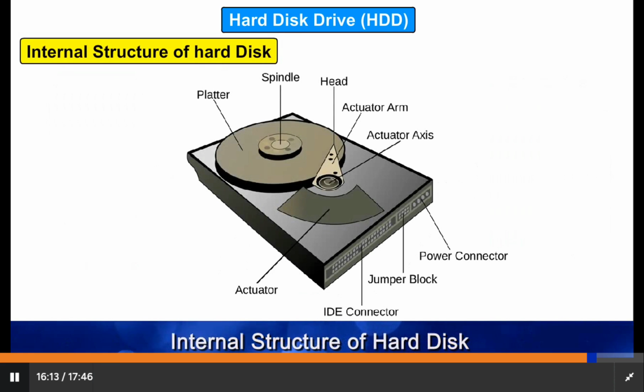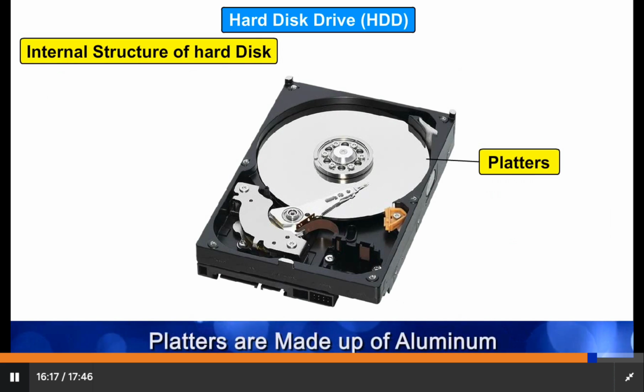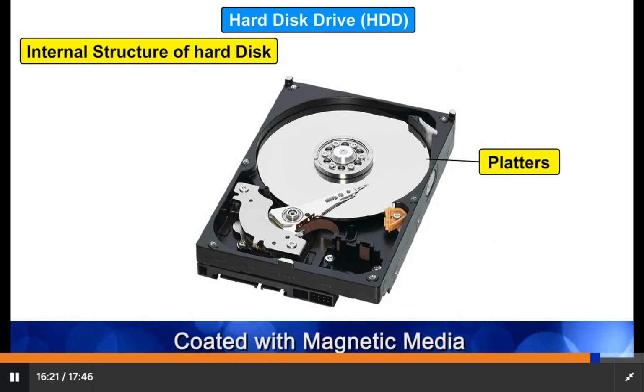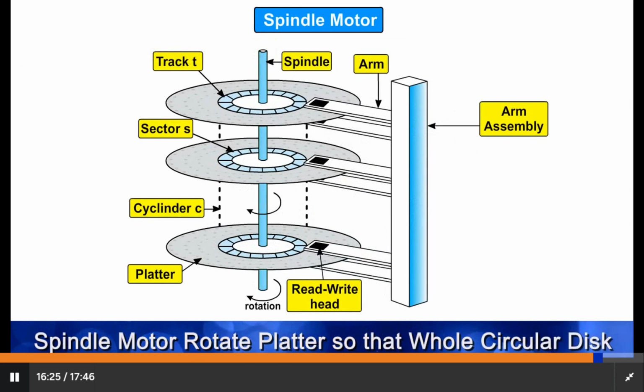Internal structure of hard disk. Platters. Platters are made up of aluminium and coated with magnetic media. Spindle motor.